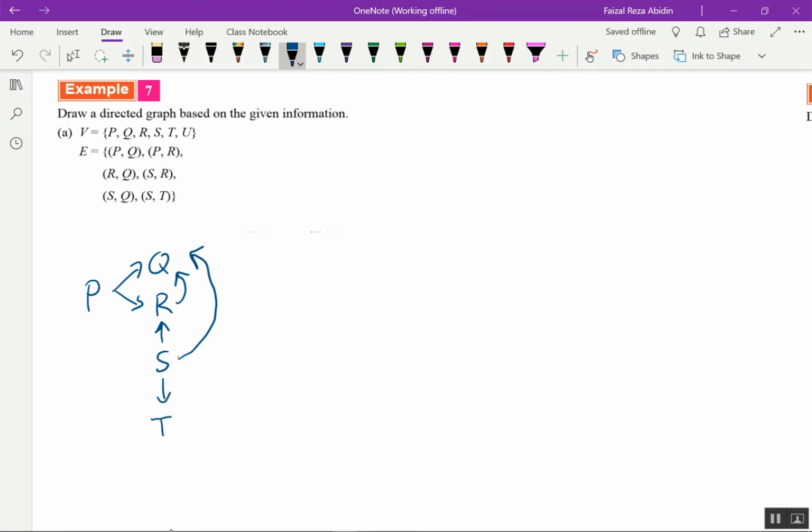So you cannot simply draw. If you just draw like this, I give you an example: P, Q, R, S, T, U. If you look over here, there is no U here, right? So it means that U here is isolated. It is an isolated vertex.